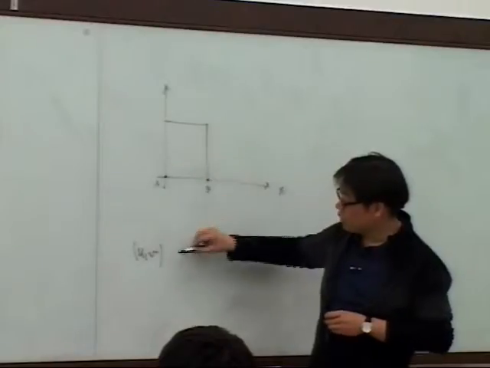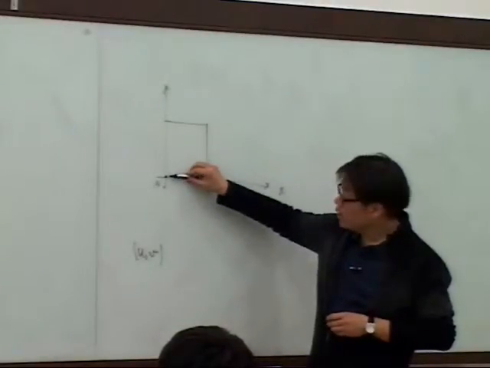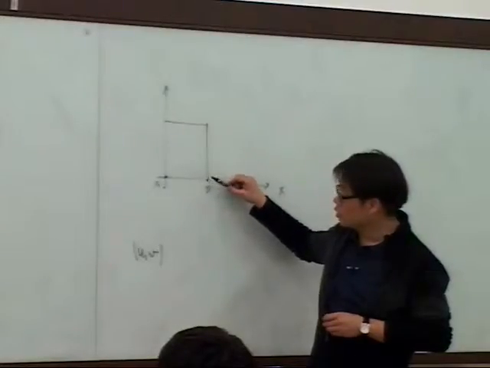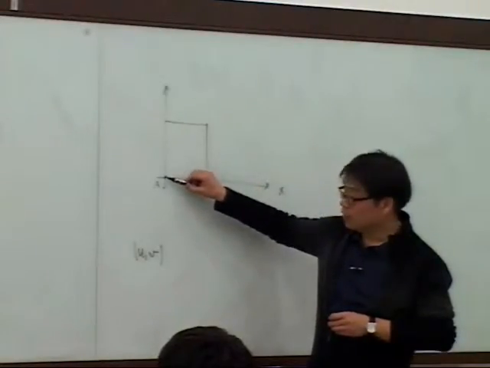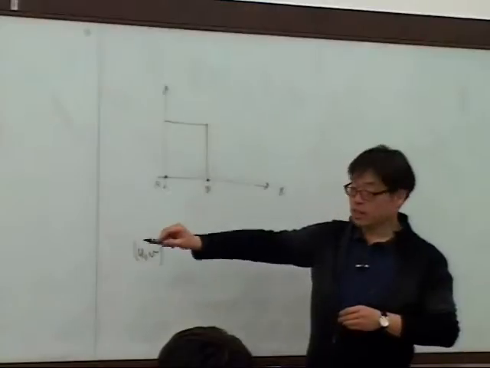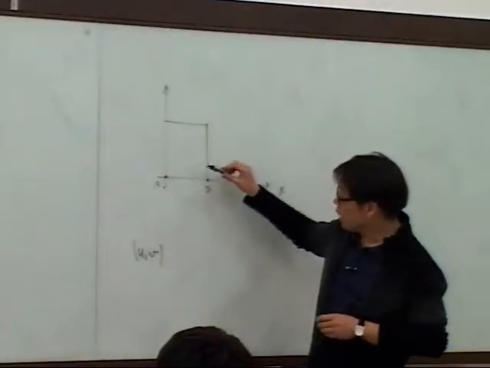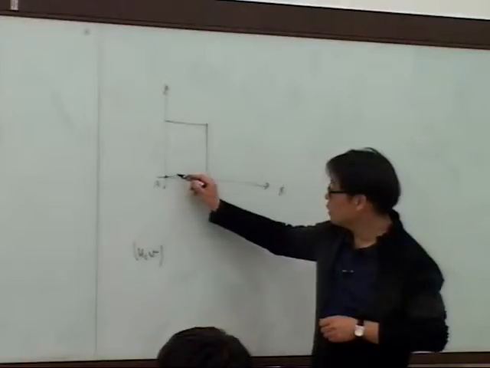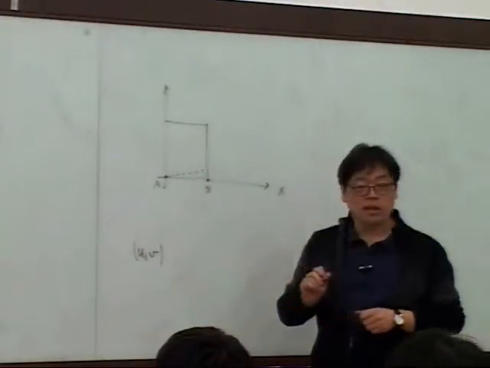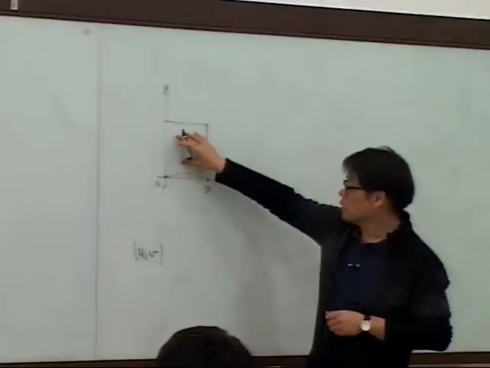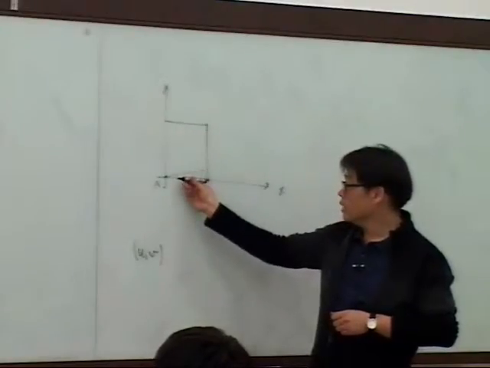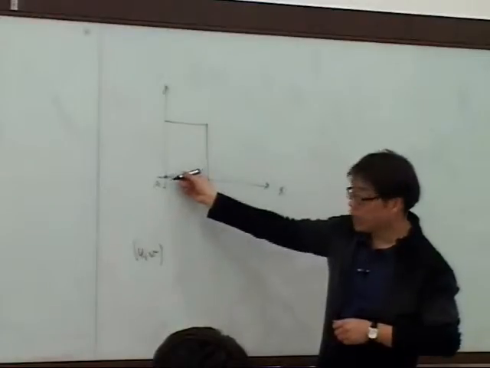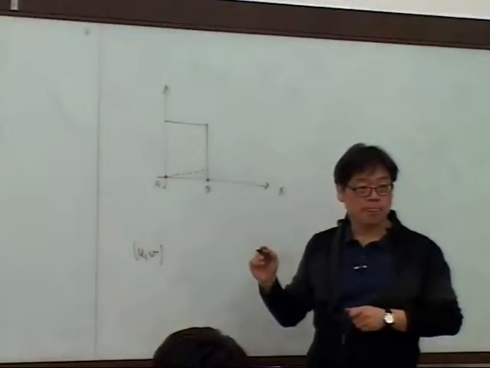Also they have a v component, but they are different because the x coordinate of B is greater than the x coordinate of A, and v is proportional to x. So this one will move faster. So later, if I look at this rectangular area, this line will rotate like this.